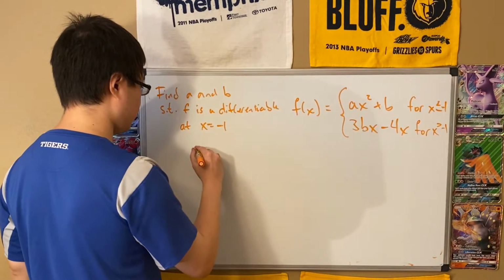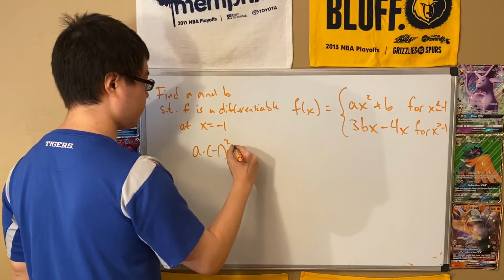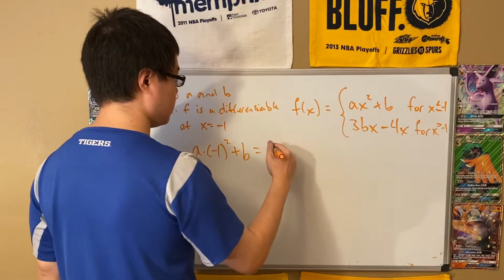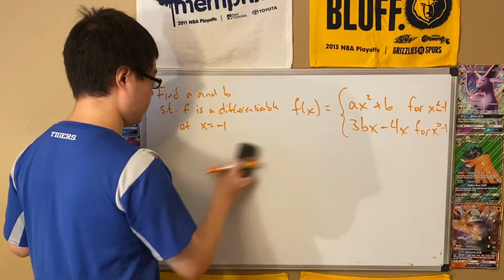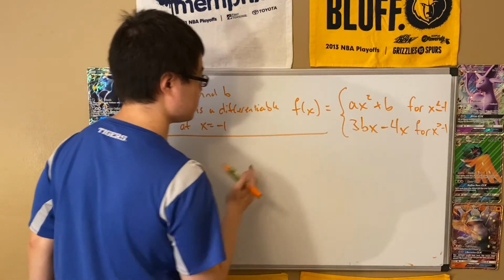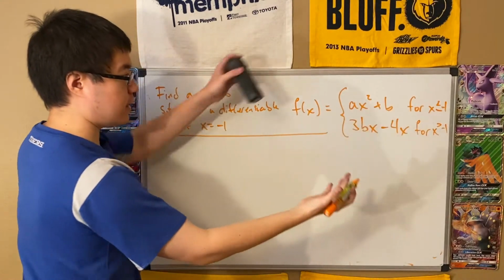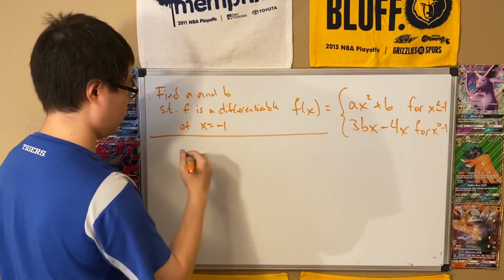So when we do that, we get a times -1 squared plus b equals 3b times negative 1 minus 4 times negative 1. Let's put the work a little bit over to the side here so we have enough space. So again, all I'm doing is setting these two things equal to each other and plugging in negative 1.